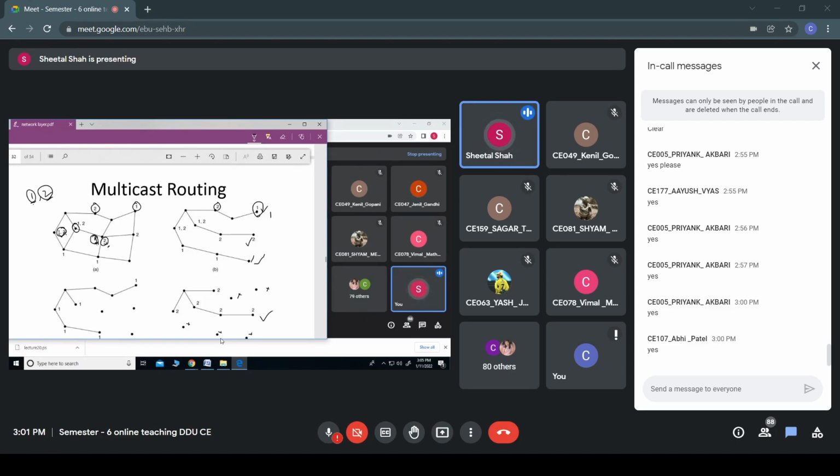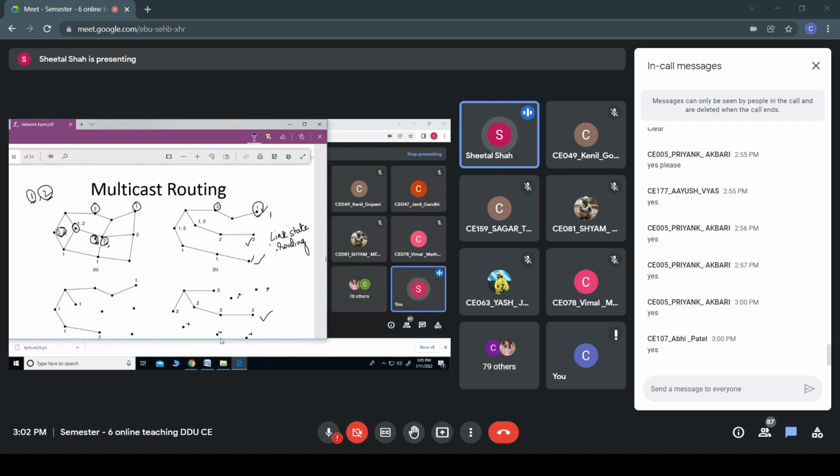For that, one way is to use the link state routing protocol, which we have already studied. The link state packets which are exchanged between the routers within the subnet should also provide information about the group that particular router belongs to.